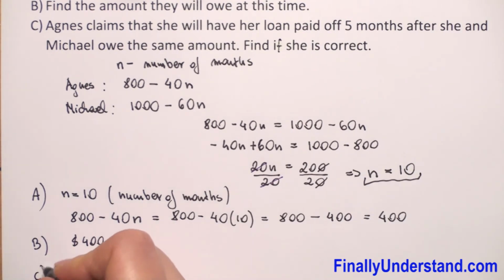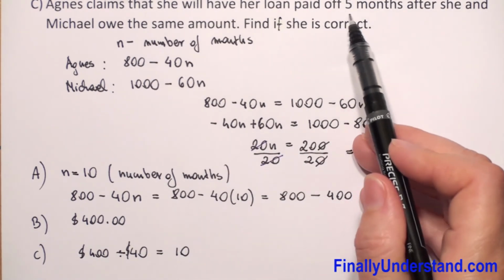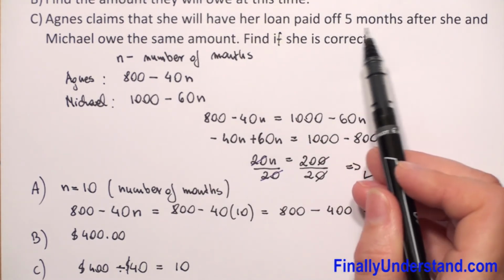Like I said, we have to divide this unknown which she has after 10 months by the rate she pays every month. So $400 divided by $40 is 10. So after 10 months, she will return her grandma all the money, not after 5 months. She needs 5 more months.